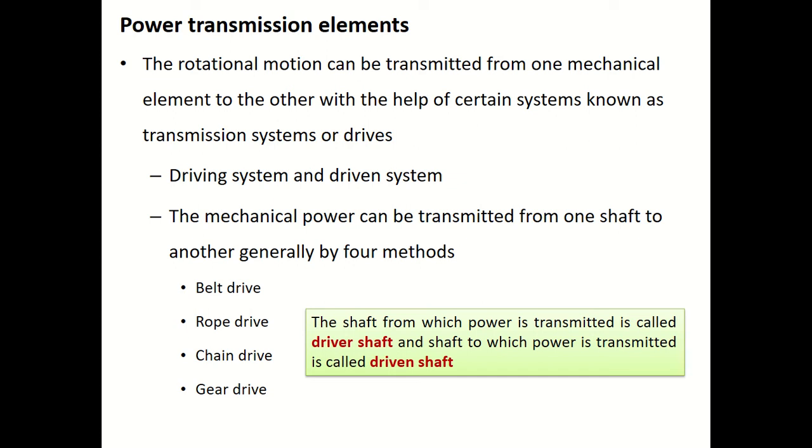The one that drives is called a driving system, and the other which is driven is called the driven system. Usually round rods called shafts are employed to transmit the rotational motion.